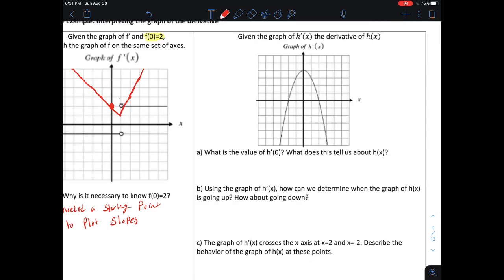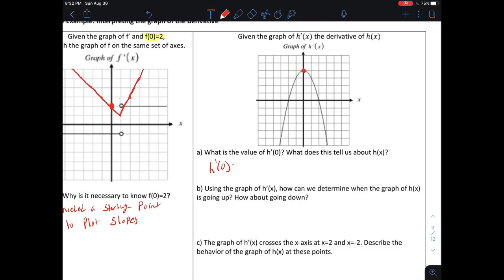All right, let's do another one. So next one, we're given the graph of the derivative of h. And we have a list, A, B, C, of items to determine. And for A, what is the value of h prime of 0? Well, we're given the derivative graph, so that's simple enough for me to say, oh, let's go get the y value there of 4.